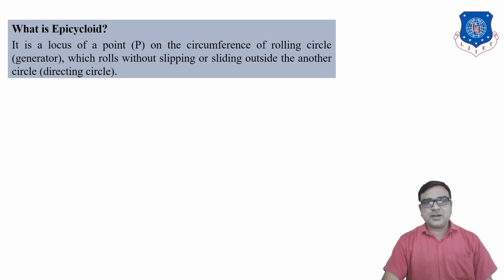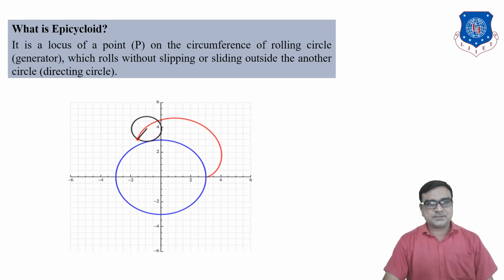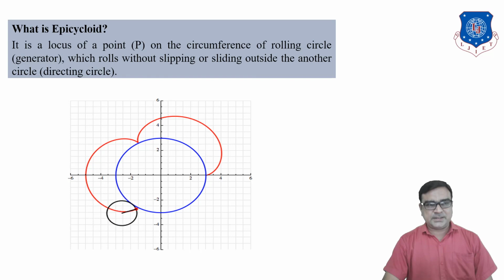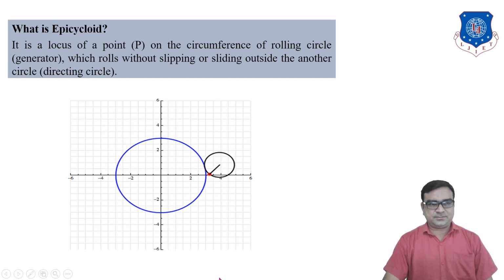But in an epicycloid, a circle rolls outside of another circle. So you can see here a small circle rolls on the outside of another circle, then the point on the circumference of the circle traces the curve. That curve is known as the epicycloid curve.